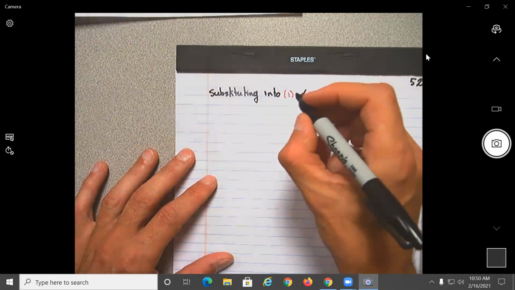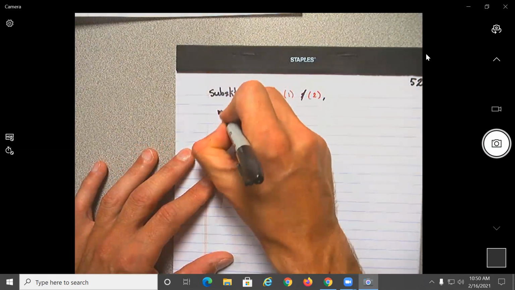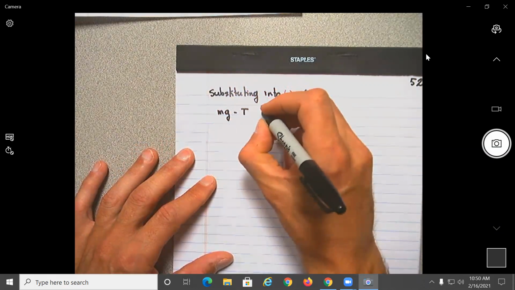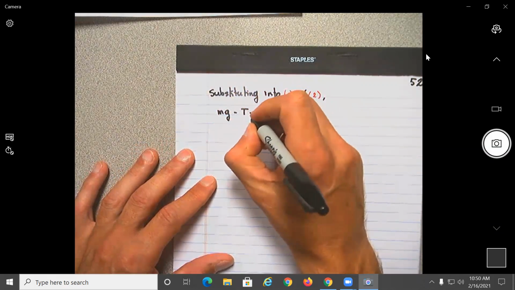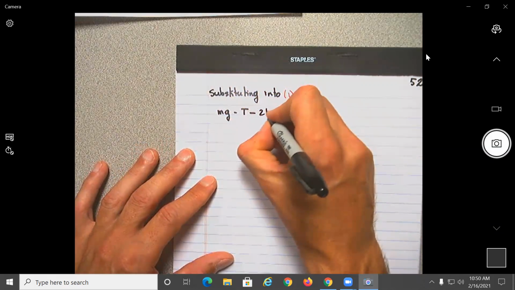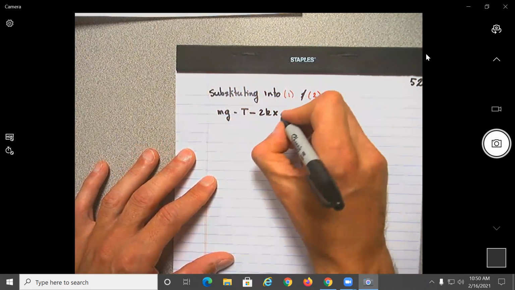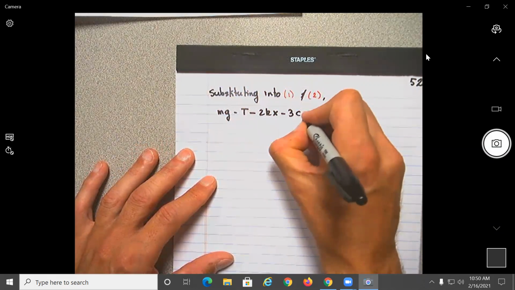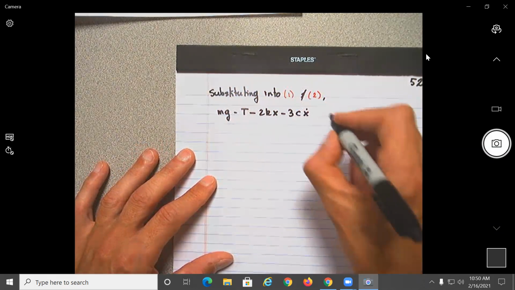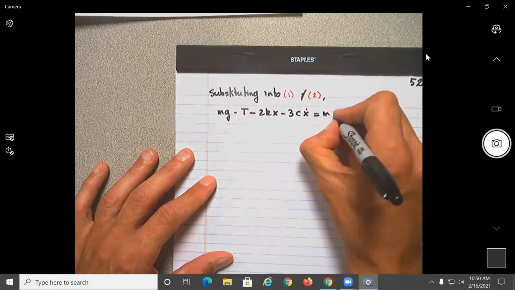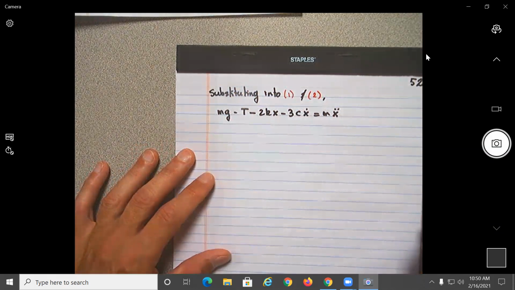What do you get? mg minus T minus 2kx minus 3cx dot equal to mx double dot.